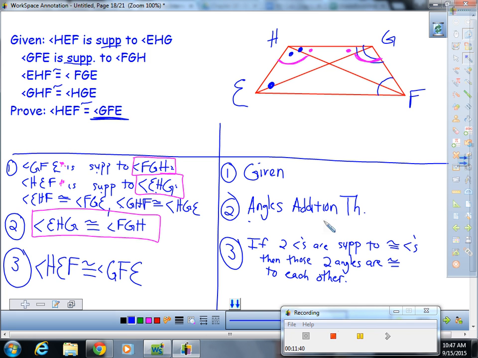So now, let me change my color here, if this angle is supplementary to this angle, and this angle is supplementary to that angle, and these two angles are congruent, then these two angles must be congruent by this theorem right here, which is called the congruent supplements theorem. Boom!